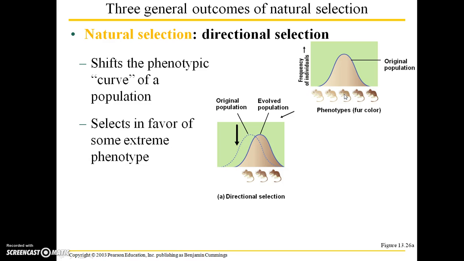When directional selection occurs for various reasons, we have a shift in this curve to favor a more extreme phenotype. So what we have here is this curve that has shifted over, and now we have a slightly darker colored individual being the most frequent phenotype that we see in that particular population. This can lead to one species changing over time.